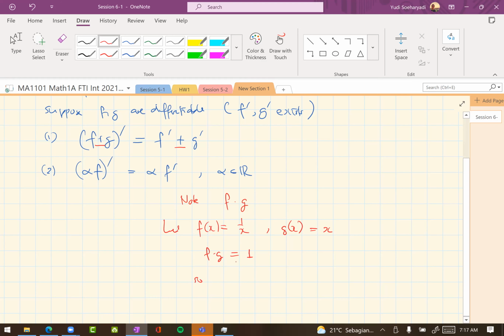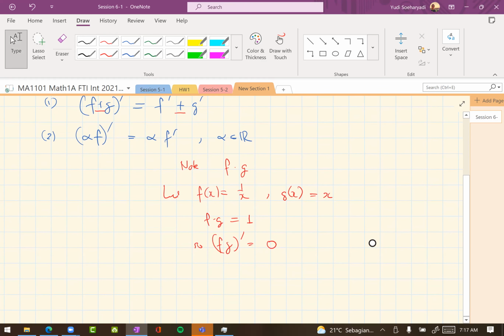So what we have here is that the derivative of fg is the derivative of a constant function, which is 0. On the other hand, we computed earlier, not today but last week, that the derivative of 1 over x is minus 1 over x squared. Remember the computation? 1 over x plus h minus 1 over x.